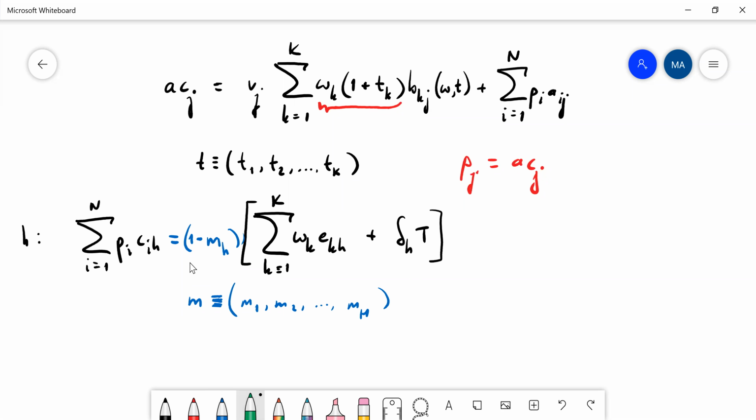Alternatively, we could have done that, right? We could tax the income before distributing the tax. Okay, that would be an alternative formulation. Okay, this one.